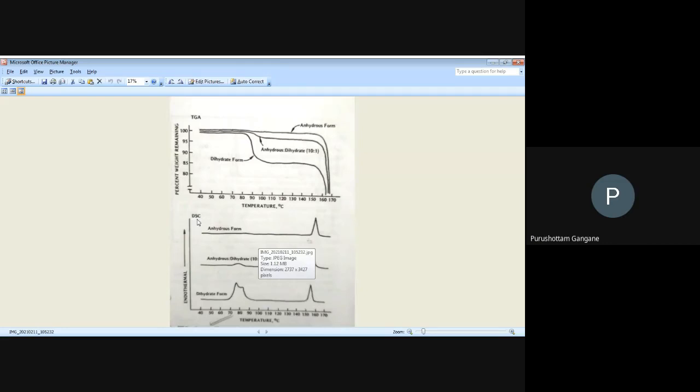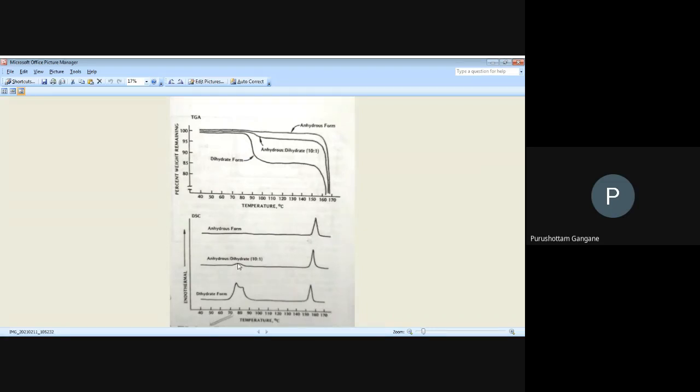Differential scanning calorimetric graph, in which three forms of the same substance are given. One is the anhydrous form, suppose it may be XYZ substance. The anhydrous form shows one sharp peak.